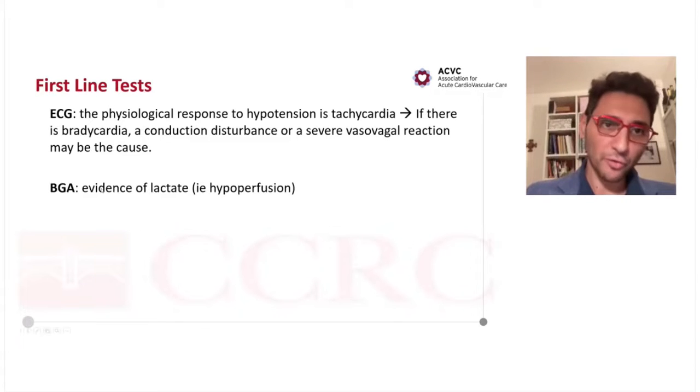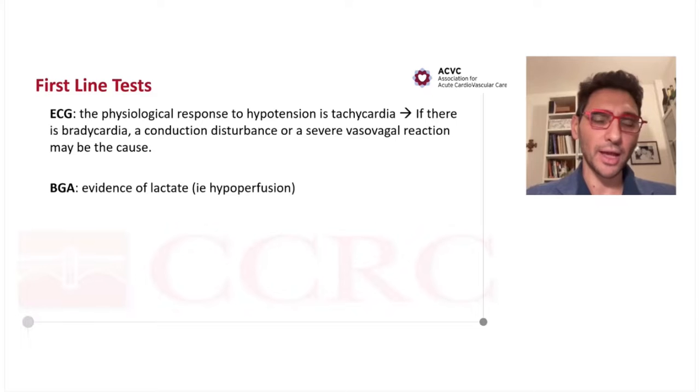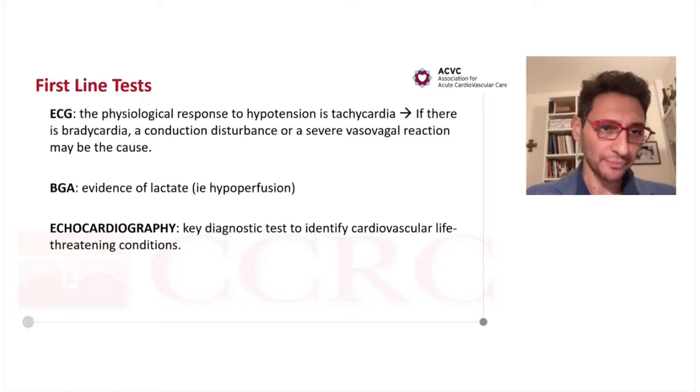Blood gas analysis, of course, is very important. There are many values that can help you, as Francesca was saying, such as the hemoglobin and others, but one of the most important is the lactate. It's not the only value, but it can help you confirm the diagnosis of hypoperfusion, i.e. shock.